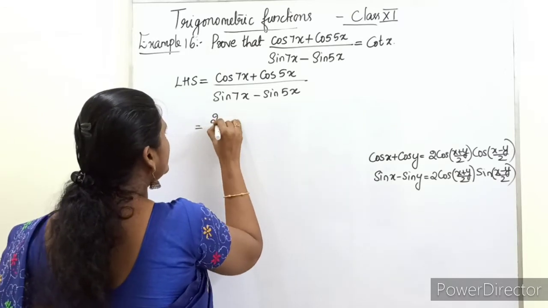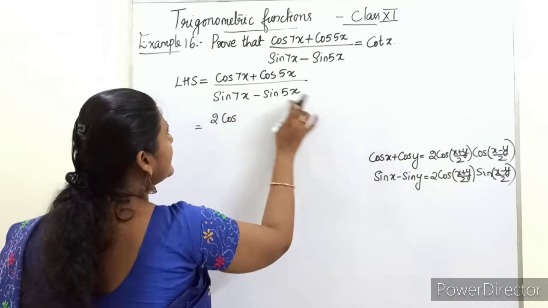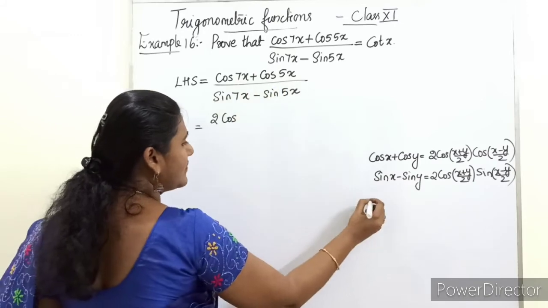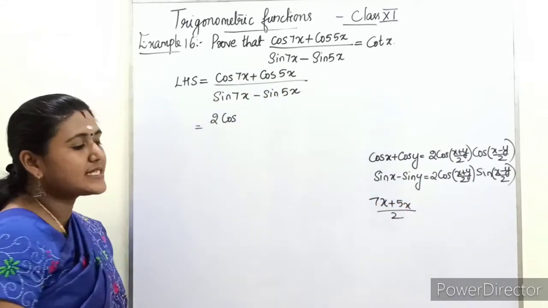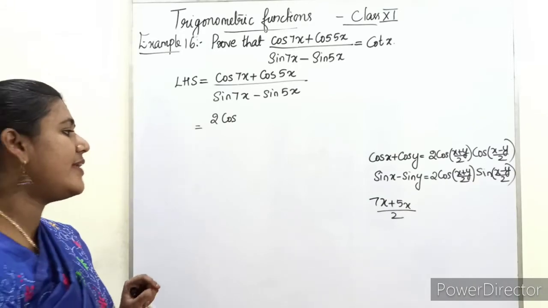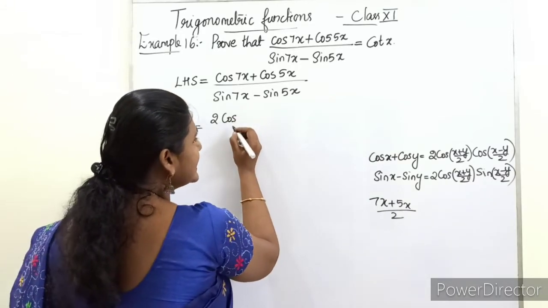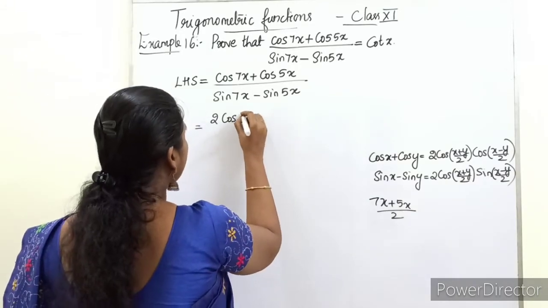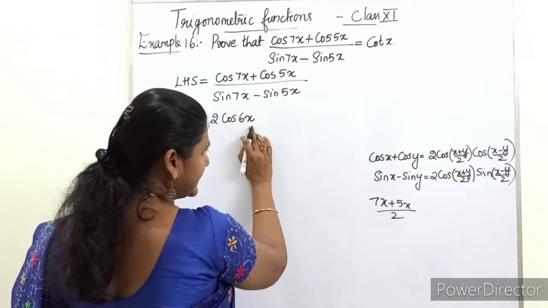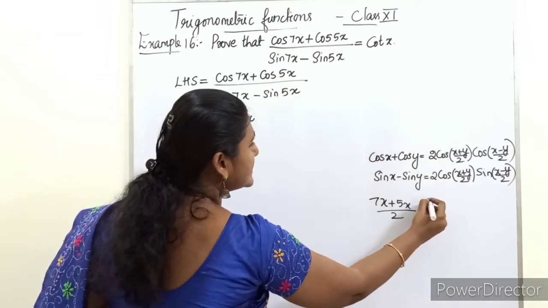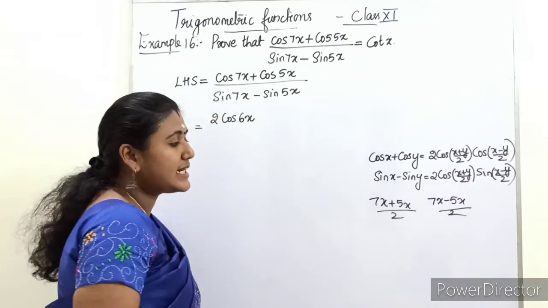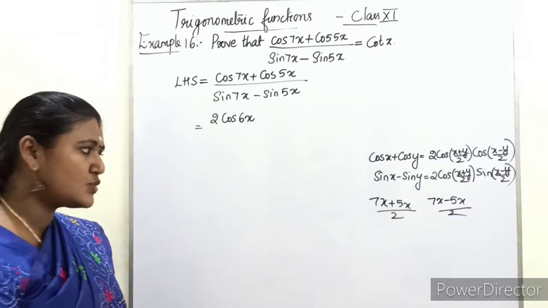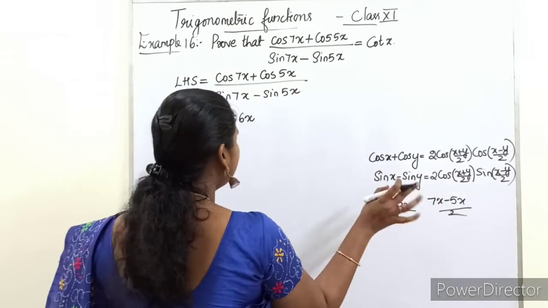So we can write 2 cos of x plus y, that is 7x plus 5x by 2, that is 7 plus 5 is 12, so 12x by 2 is equal to 6x. So here we will have 2 cos 6x into cos of x minus y, that is 7x minus 5x by 2, that is 7x minus 5x is 2x, 2x by 2 is x.